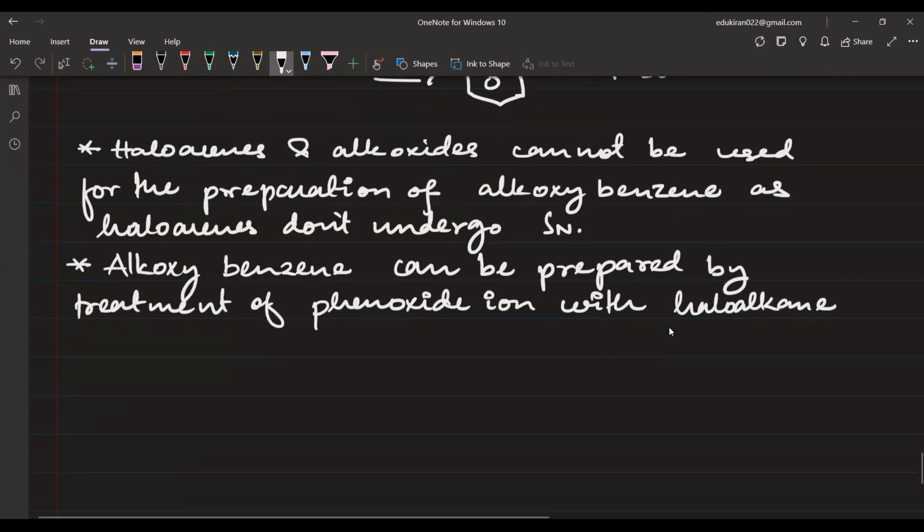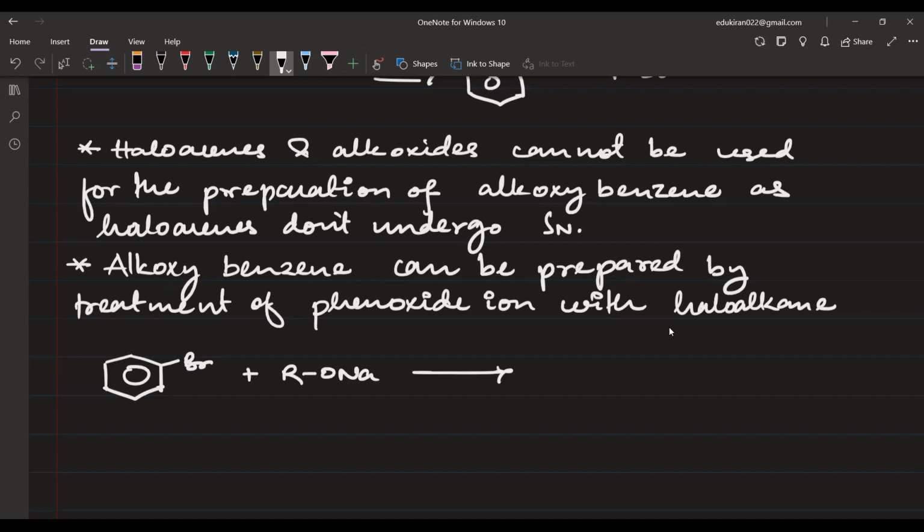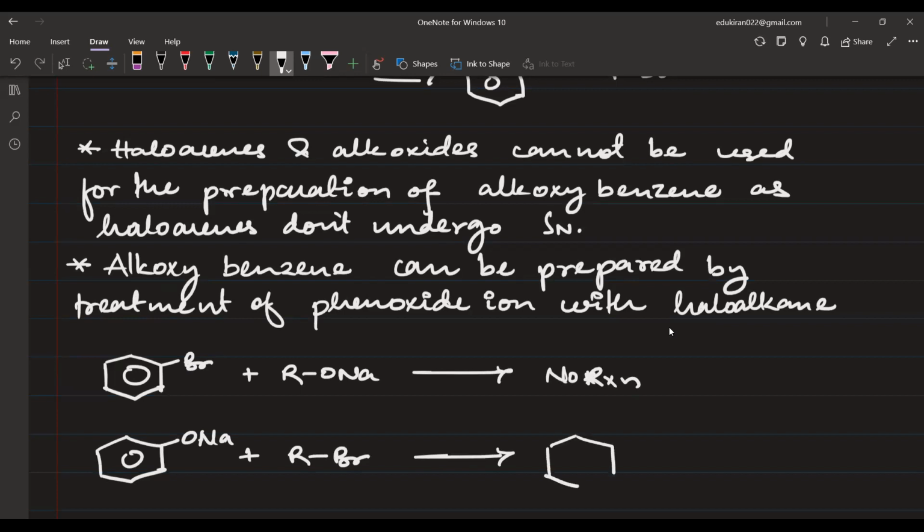So we'll write something like this: bromobenzene plus RONa, no reaction. But if we have phenoxide and RBr, then this is going to form OR.